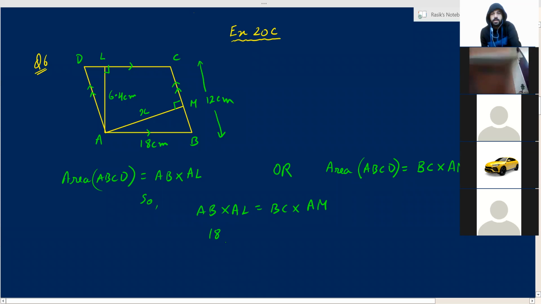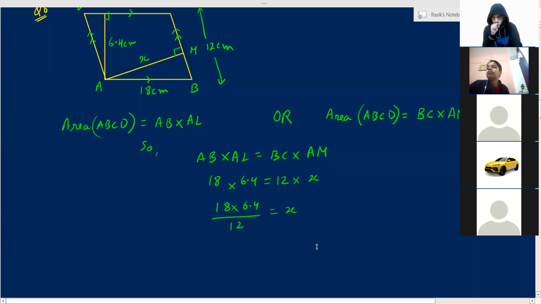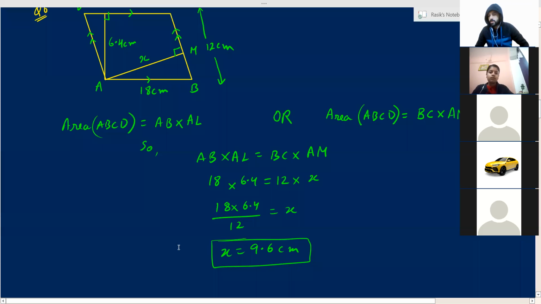AB is 18, AL is 6.4, BC is 12, AM we have to find. Let's put x in place of AM. So 18 into 6.4 upon 12 is equal to x. When you solve the equation, you get x equal to 9.6 centimeters. Any doubt? I did it directly, you people solve it and do it.